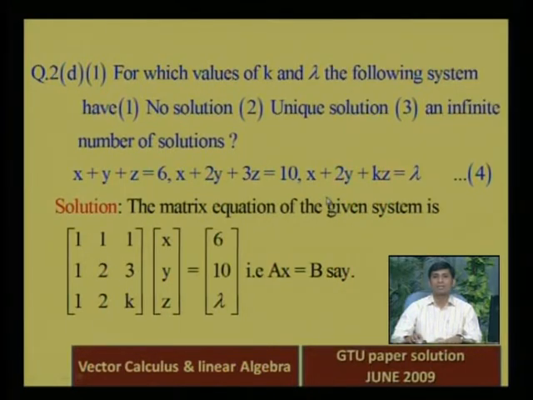The third row comes from the third equation, that is 1 2 k. Then x y z is equal to 6 10 lambda. The right hand side is the right hand side of all the equations.